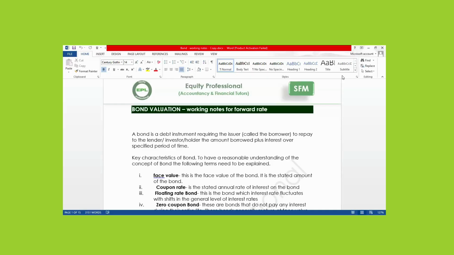For example, Dangote company or Nigerian Flour Mills can issue bond with an intention to borrow money.